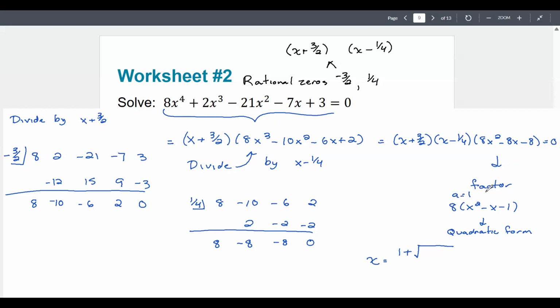So a is 1, b is -1, c is -1. b squared is just going to be -1 squared minus 4 times a, which is 1, and c, which is -1, all divided by 2a. So we got 1 plus or minus. Let me see, this is going to be 1 plus 4. So this is going to be 5 over 2.